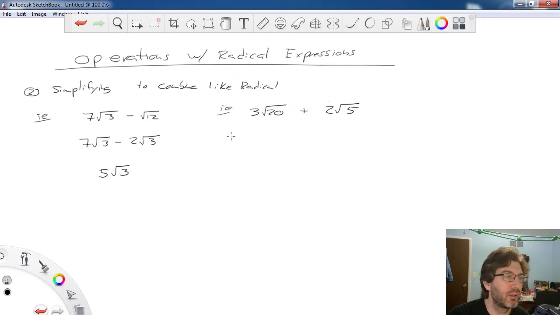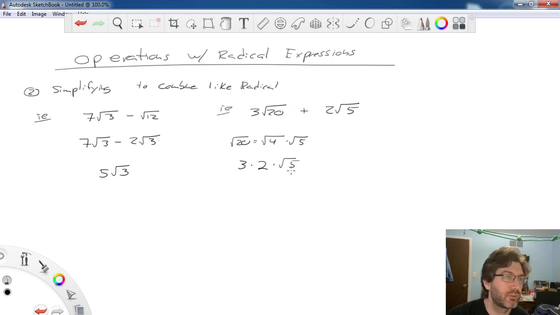So we're going to go ahead and reduce 3 root 20, which we're actually going to ignore the 3. Just reduce the square root of 20 here. And again, that's going to be the square root of 4 times the square root of 5, because 4 times 5 gives you 20. So this is going to be 3 from up here times 2 from here times the square root of 5.